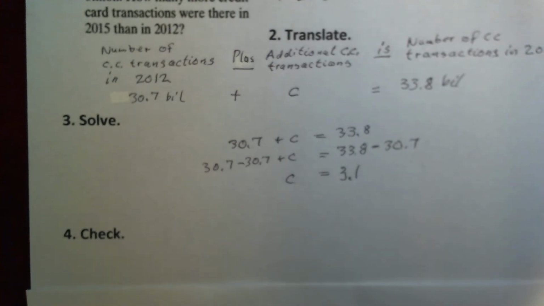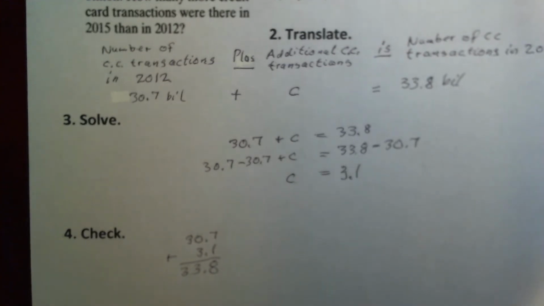So we can check our calculations by adding 30.7 plus 3.1 equals 33.8. So that checks.